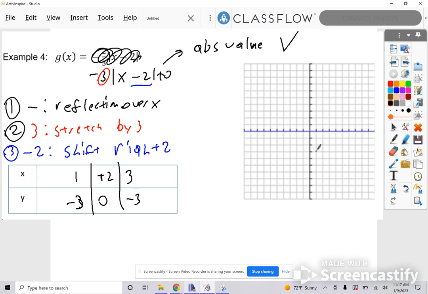So 1, -3, 2, 0, and then 3, -3. So I get something that looks like this, which if I think about it, I should have started with this. I flipped it down, or reflected it down. I stretched it out a little bit, and then I moved it right too. So we're good to go there.